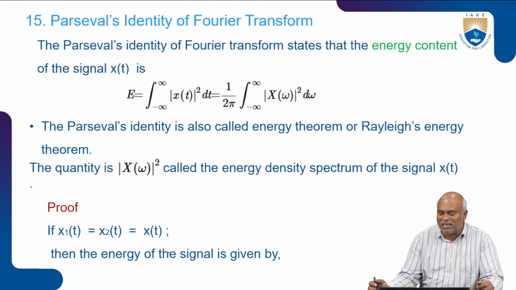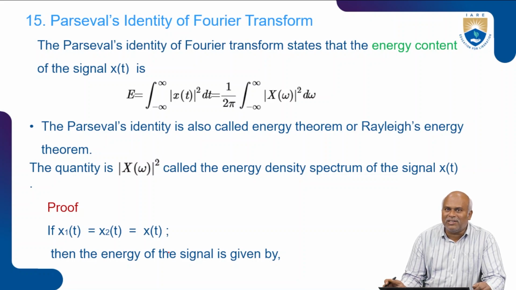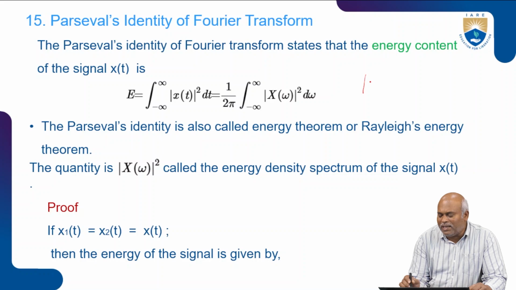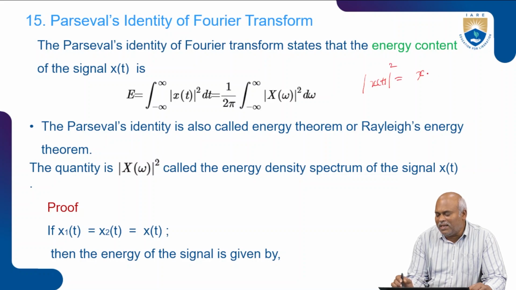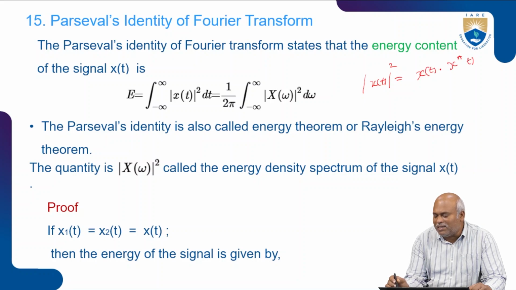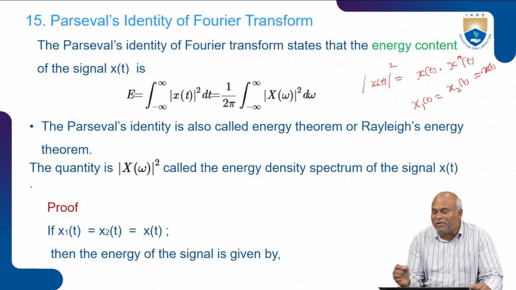In that case, the energy is equal to integration of minus infinity to plus infinity mod of x of t whole square dt, which is equal to 1 by 2 pi integration of minus infinity to plus infinity mod X of omega square d omega. Now mod of x of t square is represented as x of t into x star of t. This means x1 of t is equal to x2 of t, equal to x of t, as the Parseval statement condition.